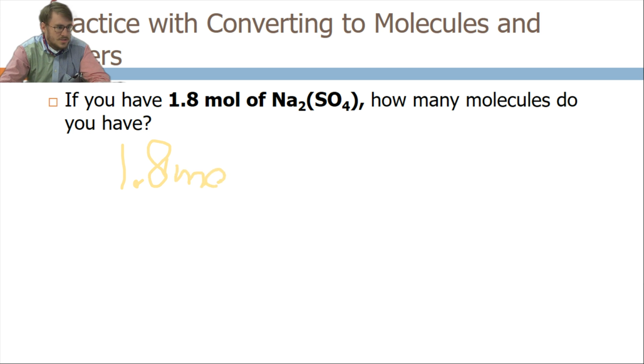Now normally I would ask you to write out Na2SO4, but it's going to take me a long time, so I need to do a T-chart conversion. Sorry, my lines aren't straight. I'm using a mouse to do this, so this is a little more difficult than normal.